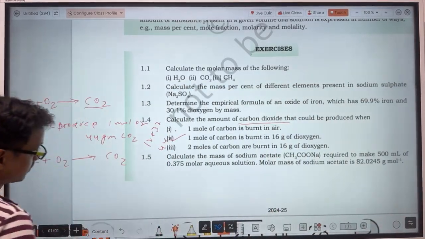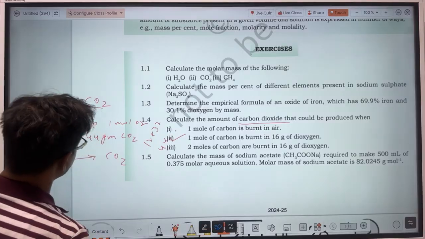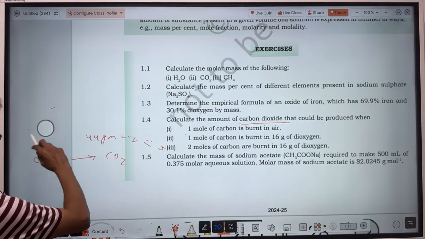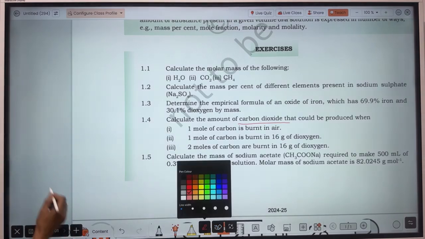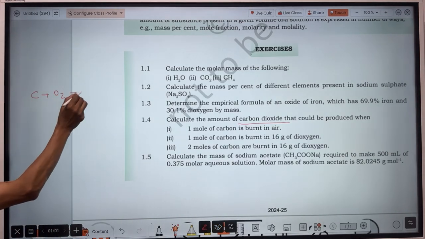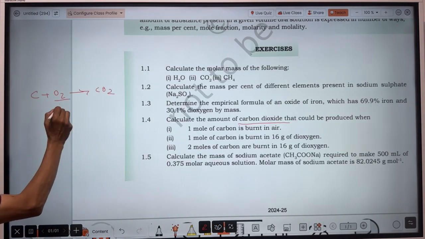I hope you have written. Now let's see how to solve this question. Again, carbon reacts with oxygen to form CO2. Its weight is given as 16 gram.